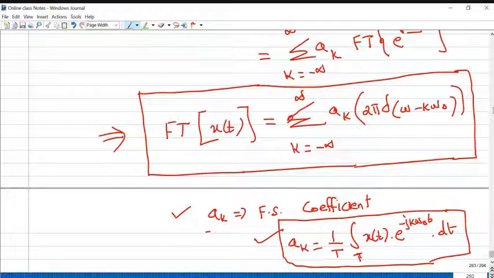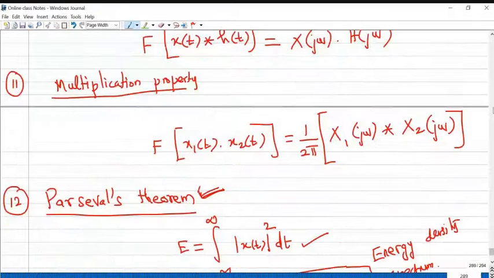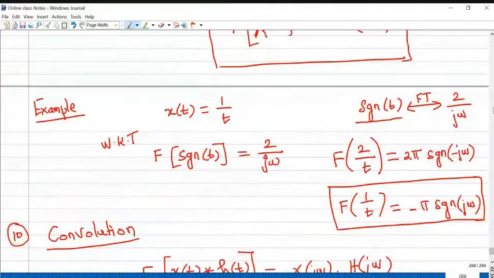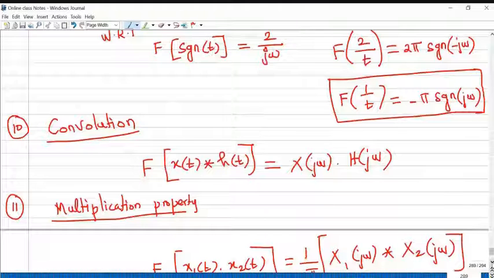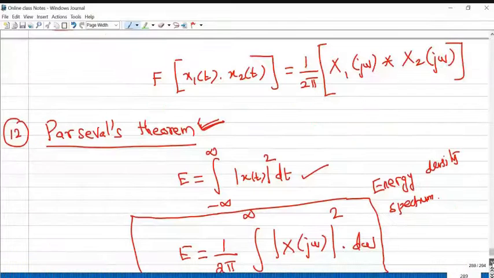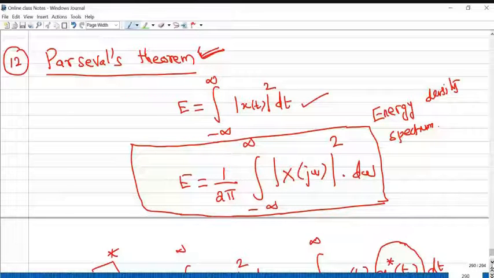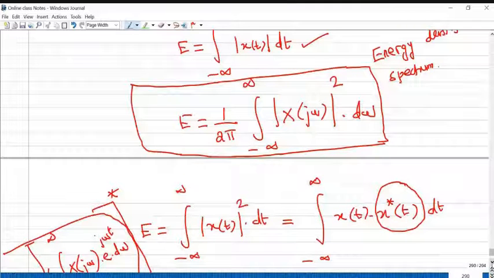So in today's class, I have covered all the property names and definitions and a few problems related to those properties. All the properties are very important. In particular, the Parseval's theorem statement as well as proof is very, very important.